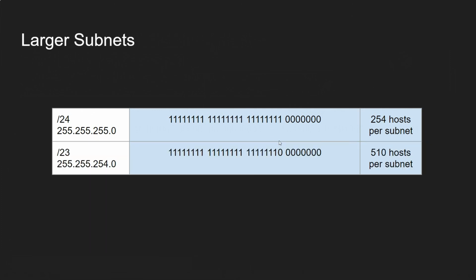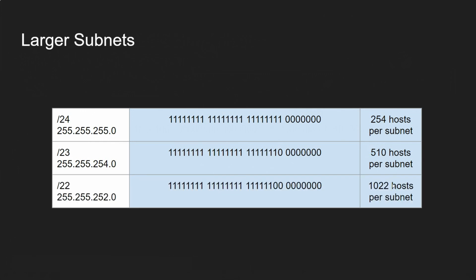All you do is change the mask from a 255 mask or a /24, which is the easier way of writing it, to a /23 mask, which means you now have double the number of IP addresses per subnet than you could before. You have over 500 IPs in a subnet, and you can keep going as big as is available.